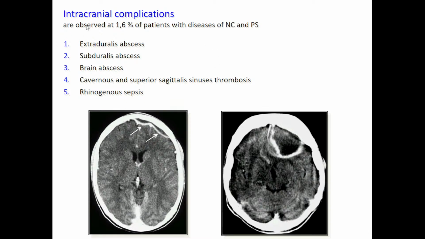Also, it may be brain abscess, and different sorts of thrombosis of sinuses, especially cavernous and superior sagittal sinuses. And it may be rhinogenous sepsis, of course. So any thrombosis of sinuses must be managed as sepsis.